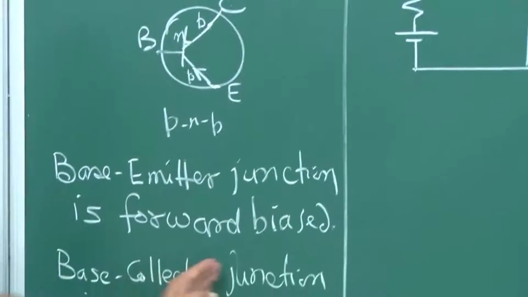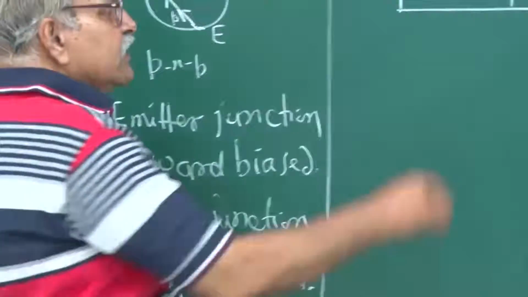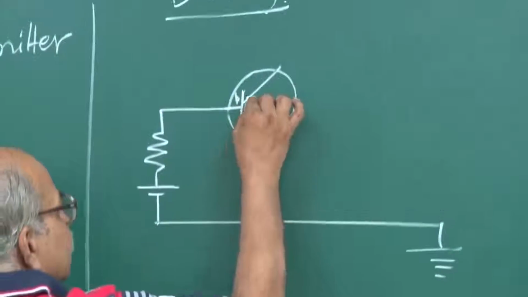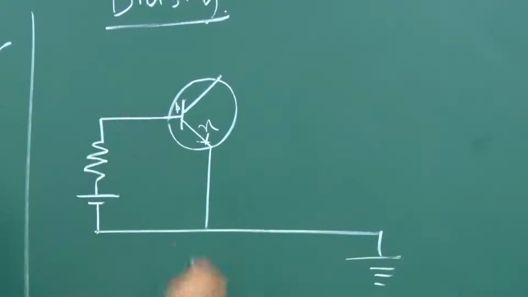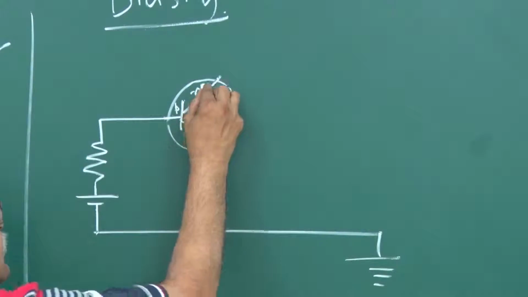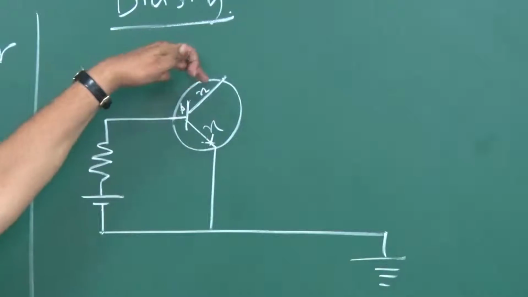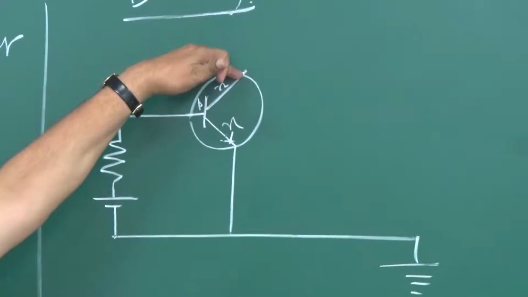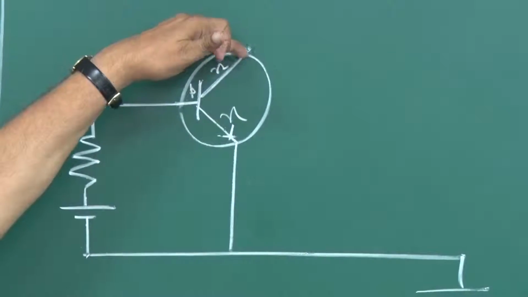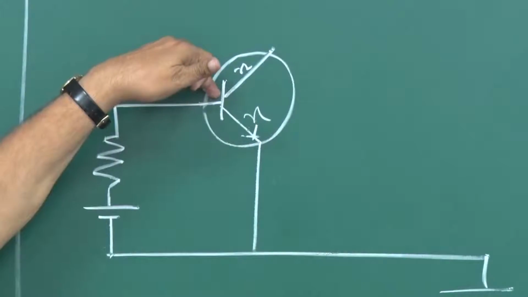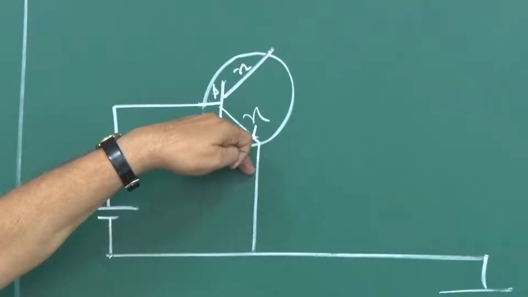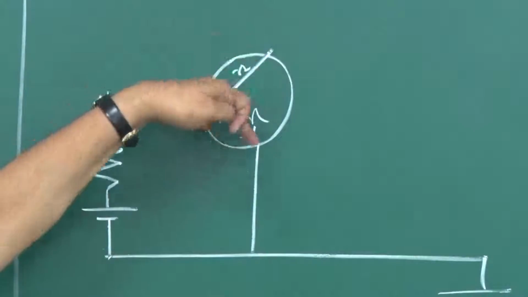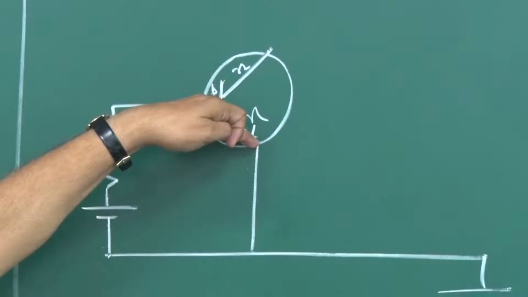And then base collector junction should be reverse biased. So here is the base and here is the collector, and this has to be reverse biased, and remember this is N, this is P, then this is N. It has to be reverse biased. So this N side should be at a higher potential than this P side, and this is at a higher potential than this emitter. So this should be at a higher potential than this emitter voltage.